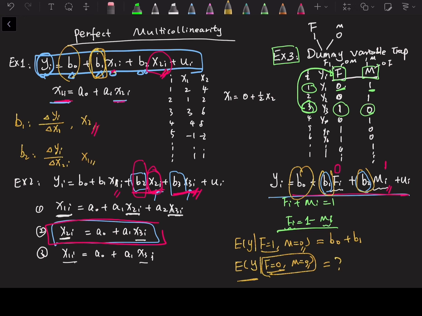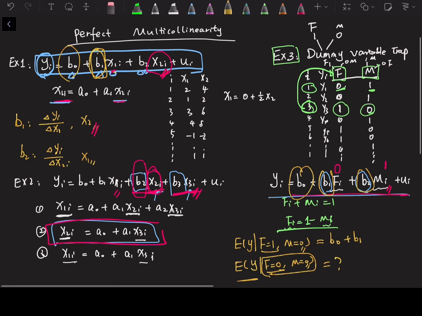So the remedy, the solution to this problem, is very, very simple. That's why I said at the beginning of the video that perfect multicollinearity is a simpler case compared to imperfect multicollinearity. Because it's very easy to remedy the problem, you just drop one of the regressors that cause perfect multicollinearity.